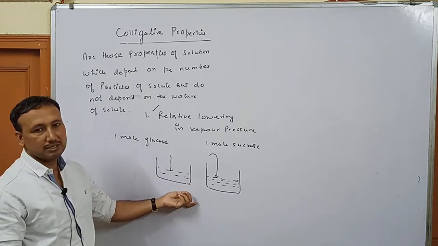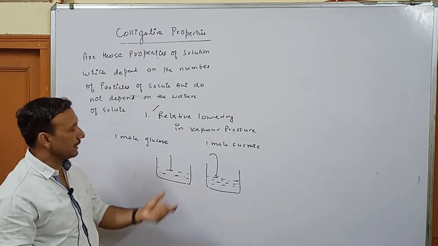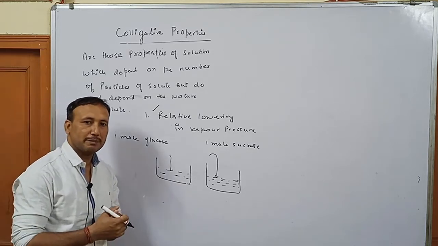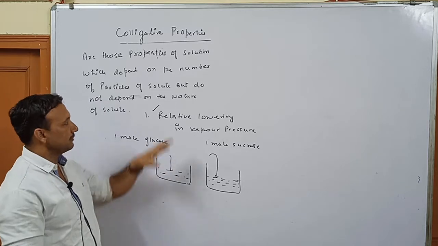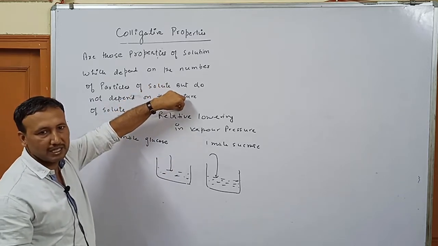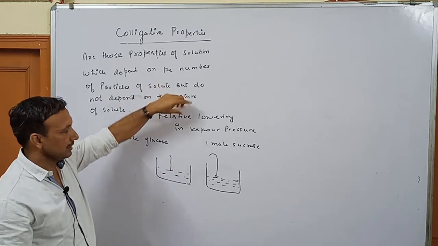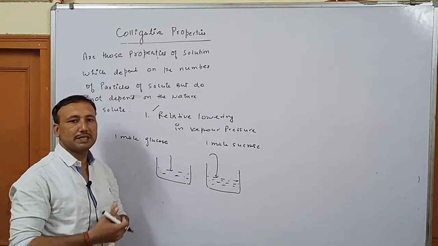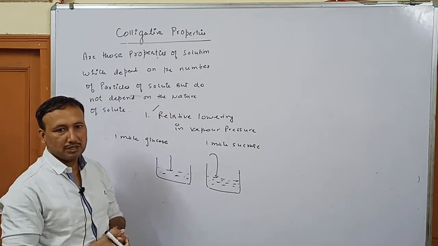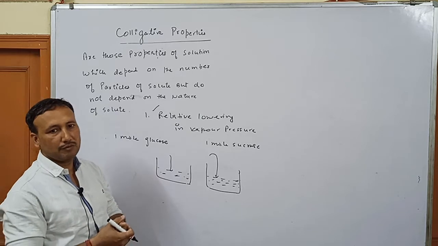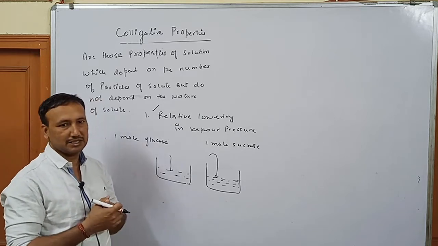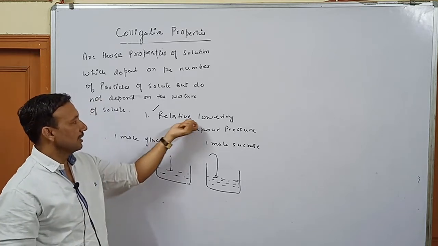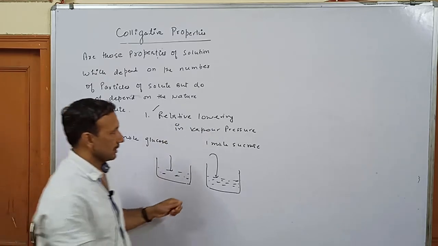So those properties which depend upon the number of particles of solute but not upon the nature are colligative, and the first colligative property is relative lowering in vapor pressure. After dissolving some solid solute, the vapor pressure of the solution decreases. This is known as relative lowering in vapor pressure.